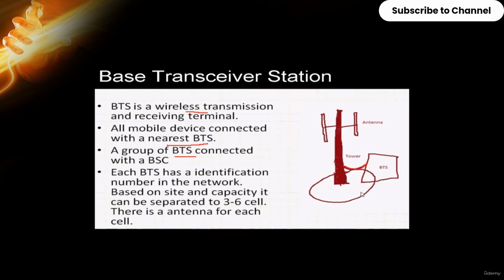BSC is the base station controller, which is used to group base transceiver stations. Each BTS has an identification number. Based on this number and the necessity, it can form particular cells, and the antenna will cover the messages. In each and every cell, the messages are transferred.